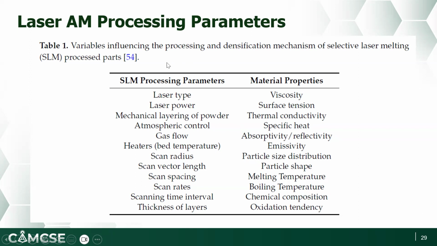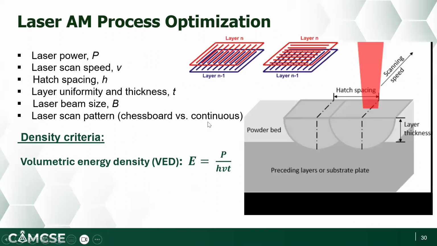Whereas the first column of processing parameters are the ones you can tune to optimize the process to get a high quality build. The community has studied this process intensively, and now there are several parameters that people typically find very useful to tune to improve build quality.